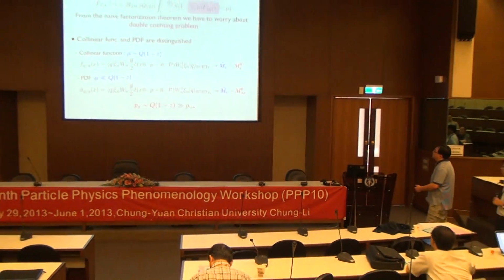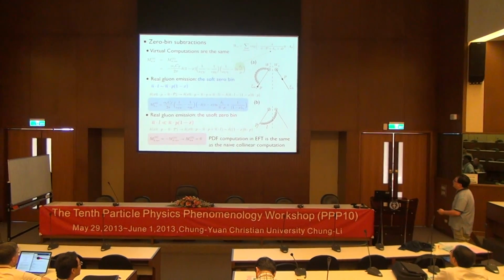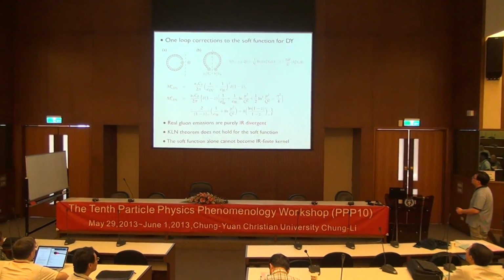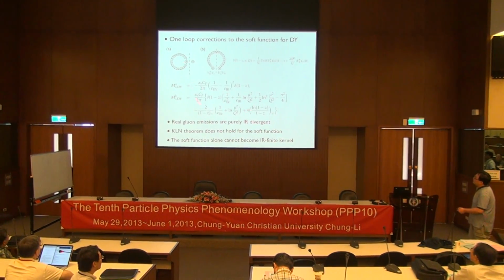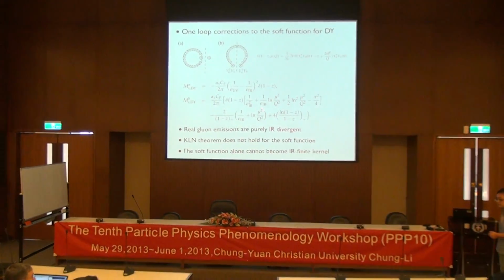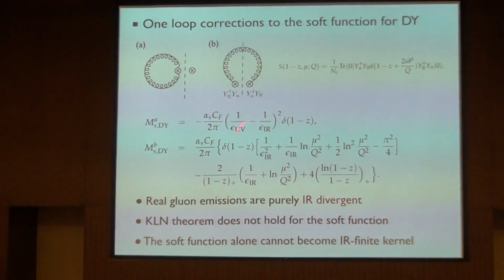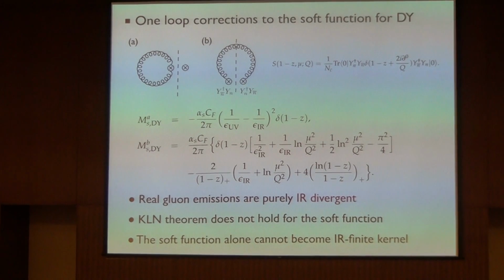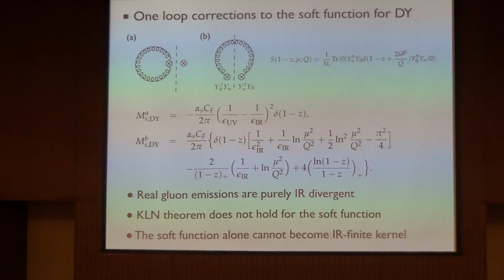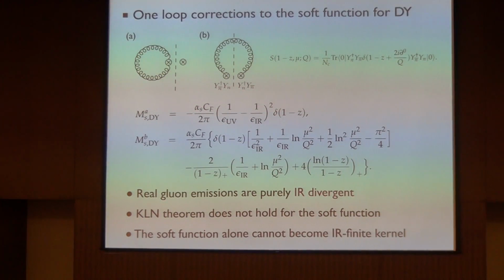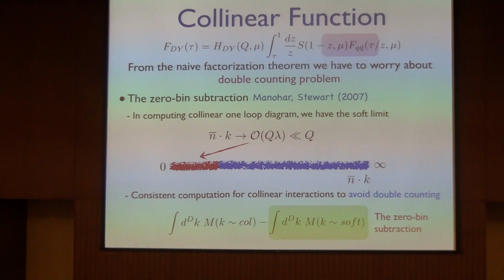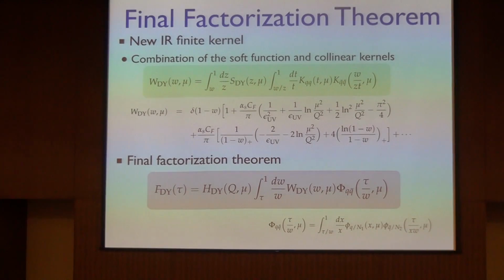The main difference is that here I showed one calculation for the soft function, right? This soft function involves some different diagrams. So in order to cure that problem, I need to find the collinear function and match the collinear function onto the parton distribution function. Finally, I recombine the collinear counterterm and this soft function, and then the result is somewhat interesting.